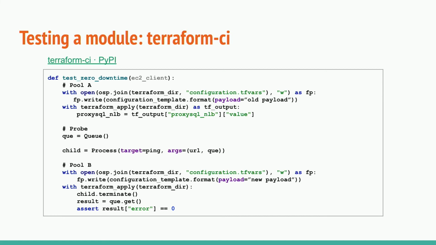In fact, it's a loop with HTTP requests, so it's not ICMP ping. Then I change the user data in my ProxySQL module. That enforces the module to recreate autoscaling group. So I apply it, then I terminate the child, and I check how many errors I got. This is the idea.